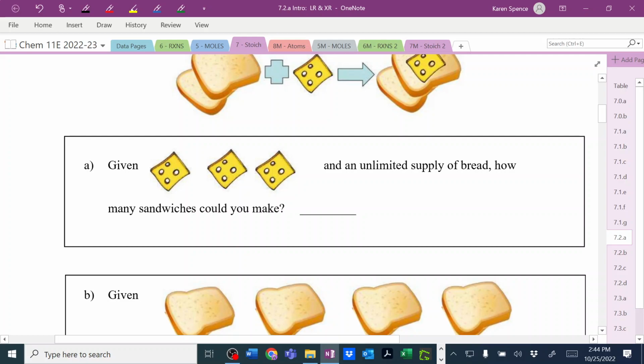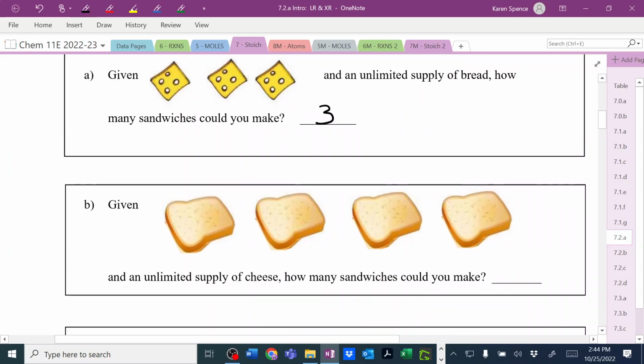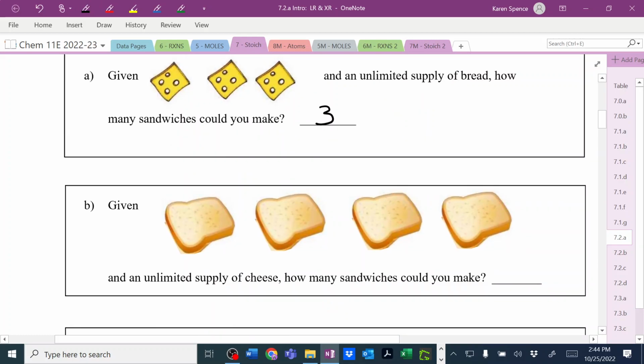Now, let's say I gave you 3 slices of cheese and as much bread as you could ever want. How many sandwiches could you make? 3. Oh, so hard, right? Given 4 slices of bread and an unlimited supply of cheese, how many sandwiches could you make? 2.